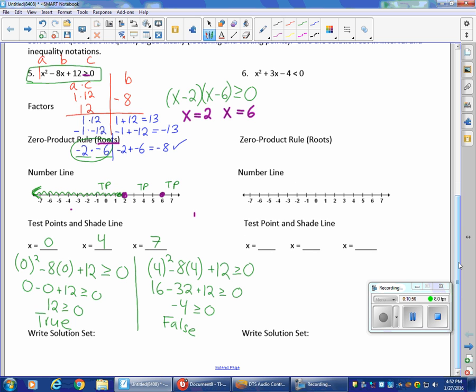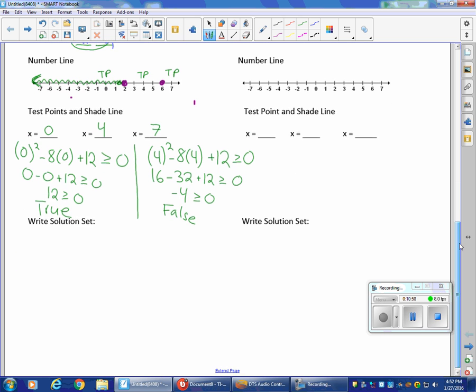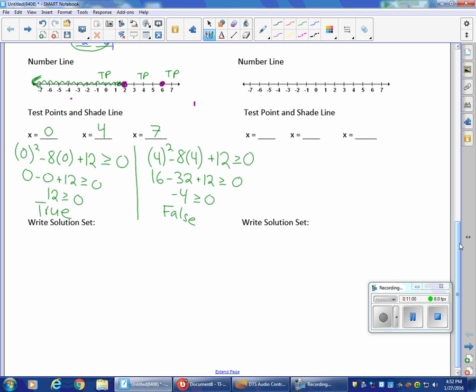Looks like we're going to need some more space. We need some scratch paper here. So my other one is testing the last one. So 7 squared minus 8 times 7 plus 12. And is this greater than or equal to 0? Well, 7 squared is 49 minus 56 plus 12. 49 plus 12 is 61.